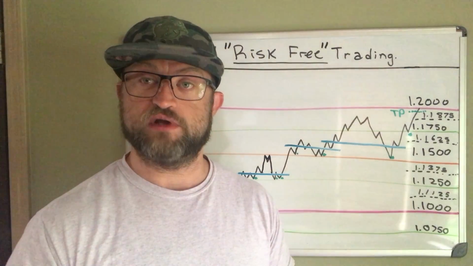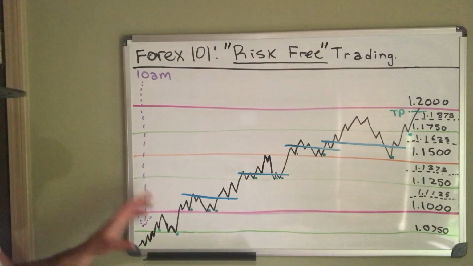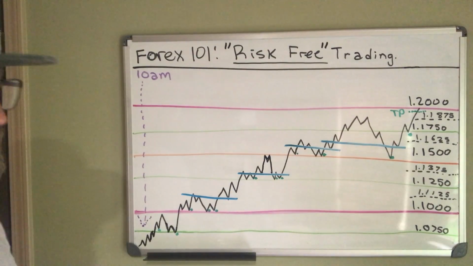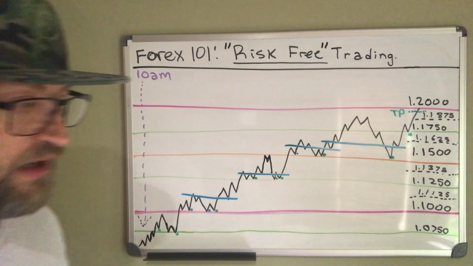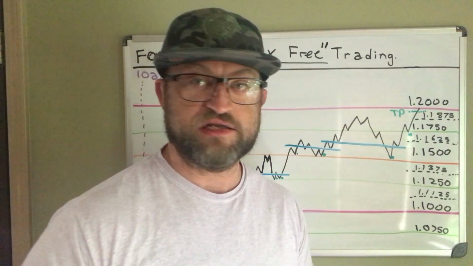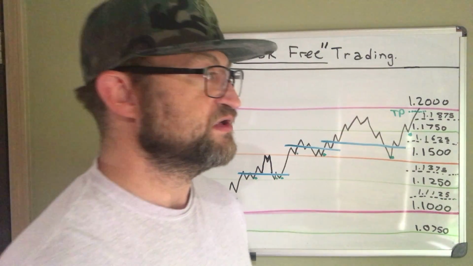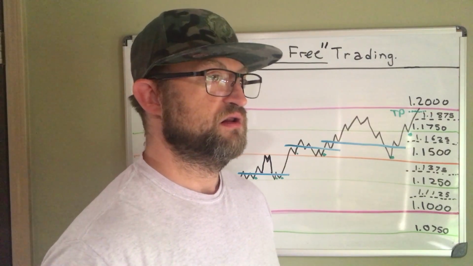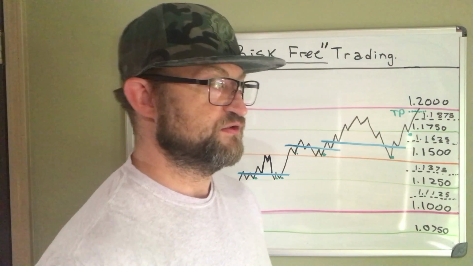The idea is to get into a good position, find a nice candlestick or a nice pattern that's going to tell you the market looks like it's for sure going up.